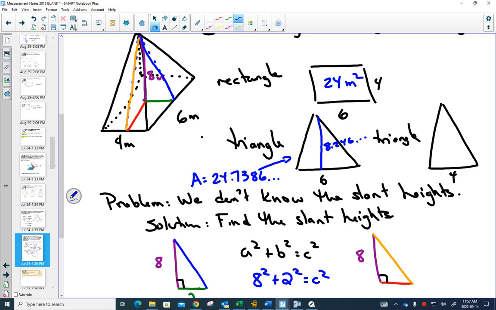How long is the red line? 3, because it's half of 6. A squared plus B squared equals C squared. 64 plus 9 is 73. Take out my calculator. 8.544.